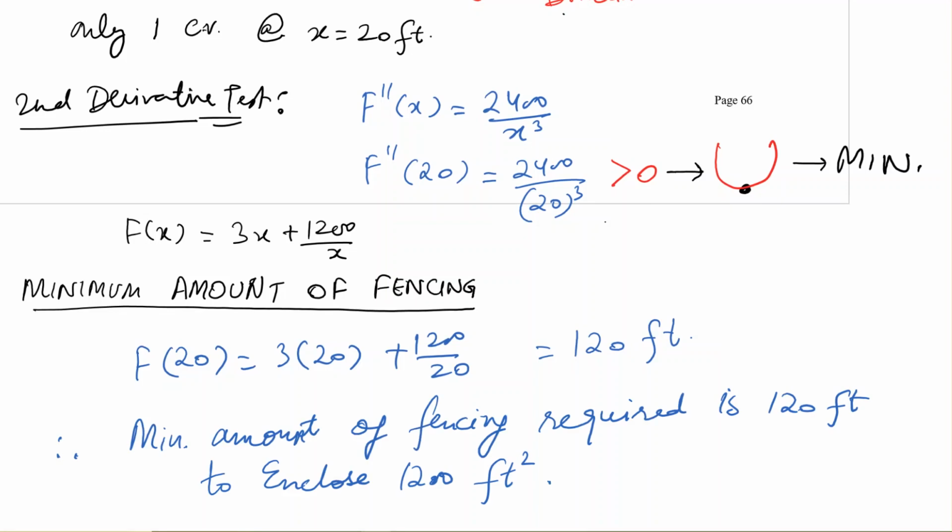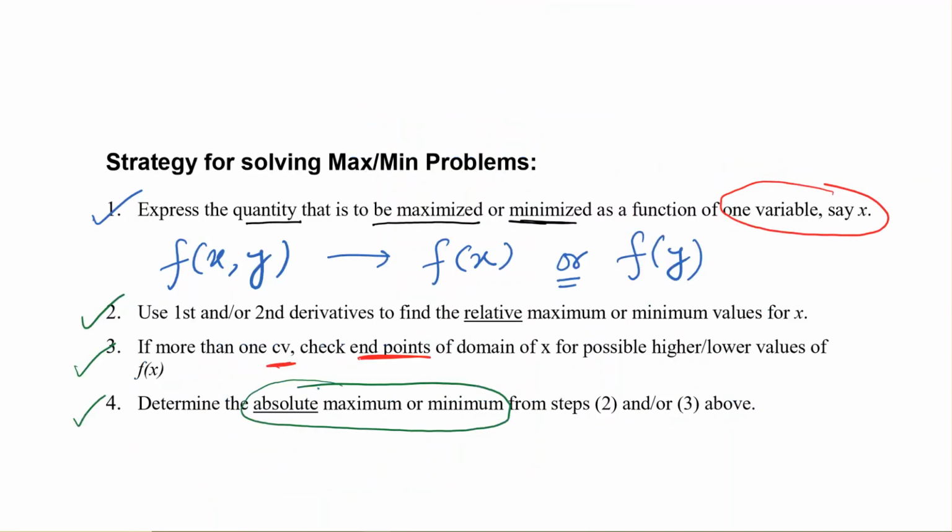The gist of this video is that in order to solve any maxima or minima problem, first we find the quantity that we want to maximize or minimize and write that as a function of one variable. If there is more than one variable involved, we are always given some additional information that we can use to eliminate one and write the function in terms of one variable.